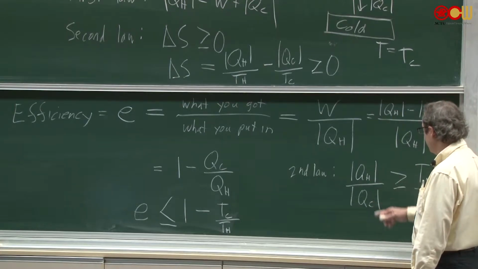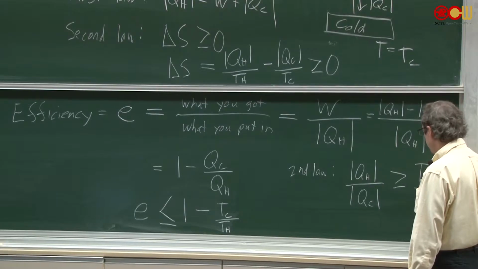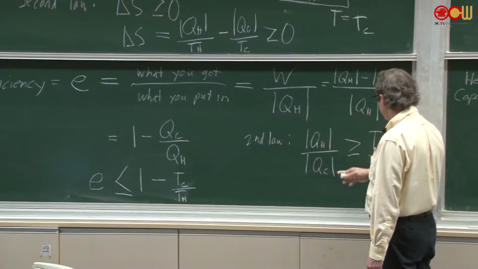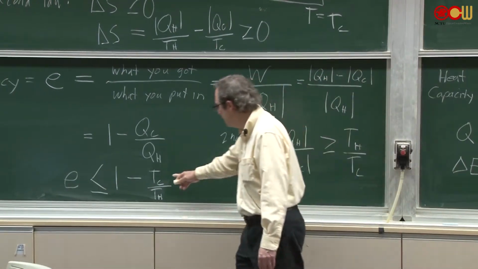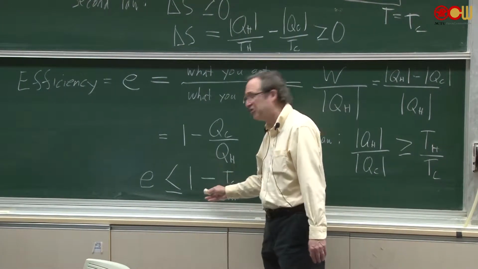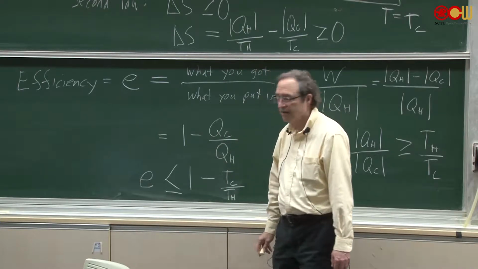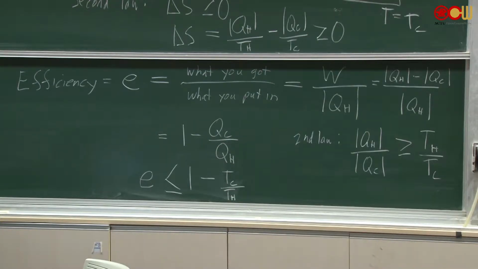Because QC over QH, if I bring it over here, that'll be less than or equal to TC over TH. So if it equals TC over TH, that's the best you can do. And if it's less than, it'll be there. So you can never have a 100% efficient heat engine.